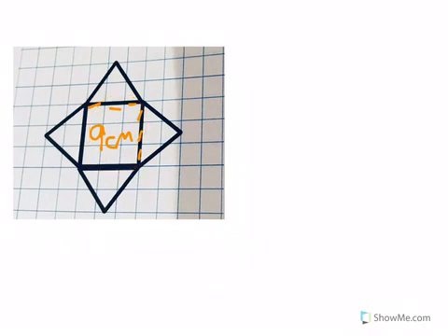Now for each of the triangles, first of all, we need the height, right? That goes straight up. So that's 1, 2 squares. So our height is 2, and if we're looking at 1/2 base times height for a triangle, the height is 2 because it covers that one square and this one square to get to the top.